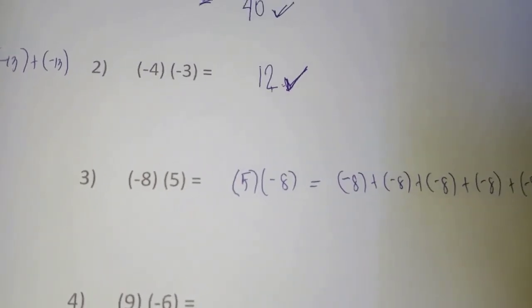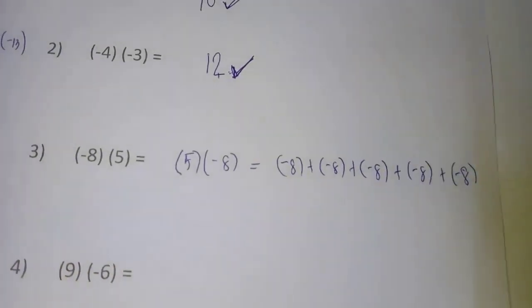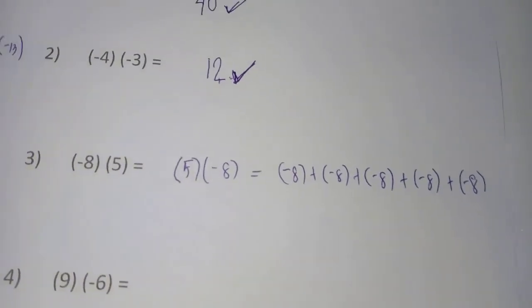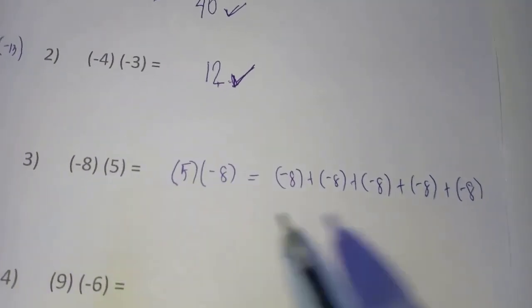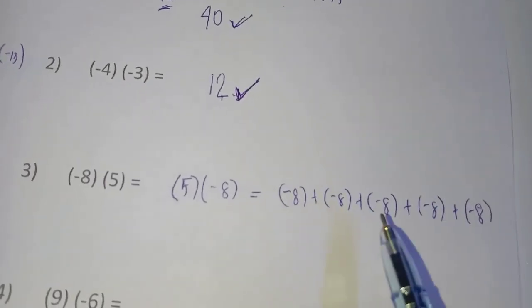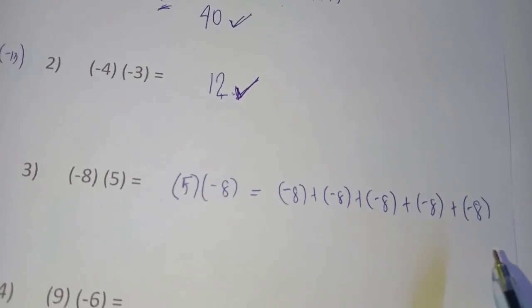So we're adding 5 negative 8s here. Again, negative 8 times 5 is also the same as 5 times negative 8 using the commutative property, or the same as negative 8 plus negative 8 plus negative 8 plus negative 8 plus negative 8 using repeated addition.